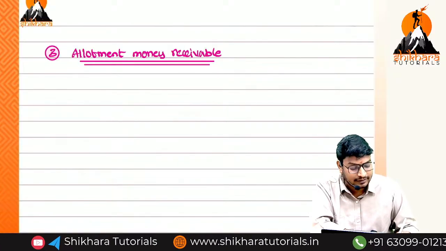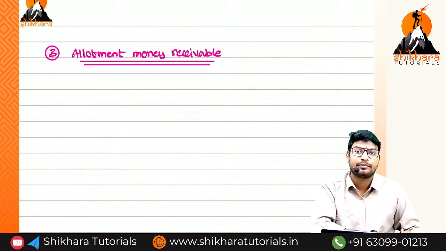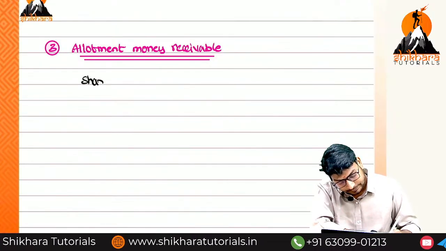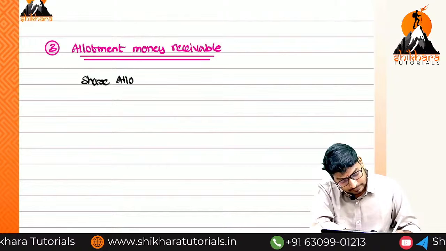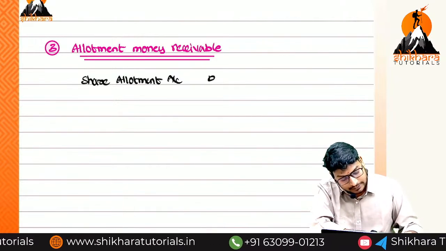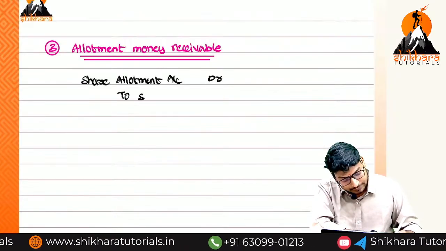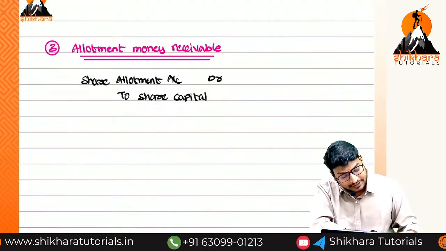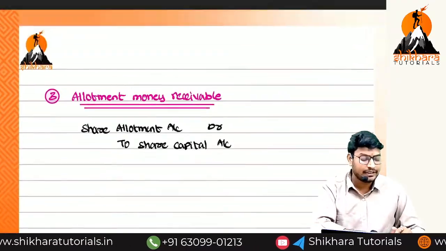What is the entry for this one? Share allotment account debited to share capital account. How much do we need to receive?